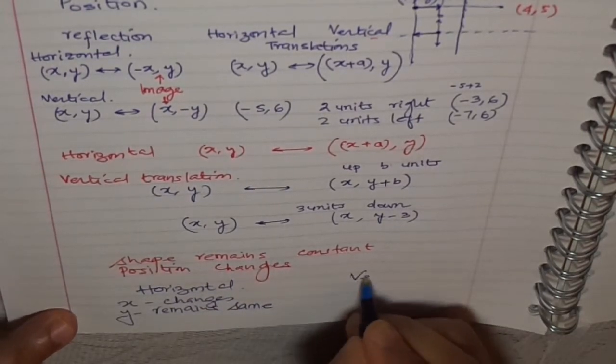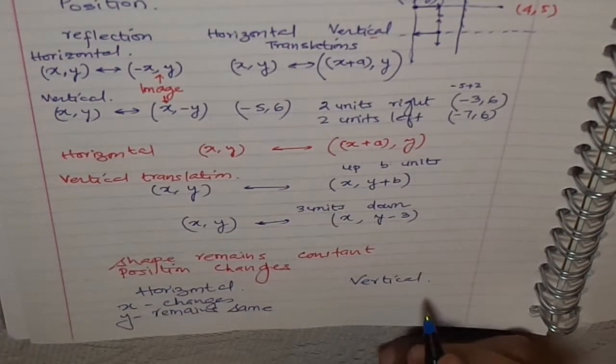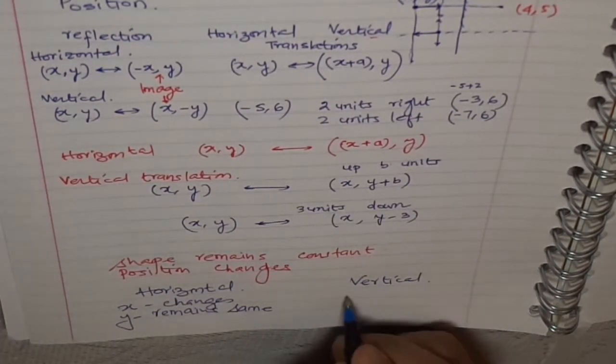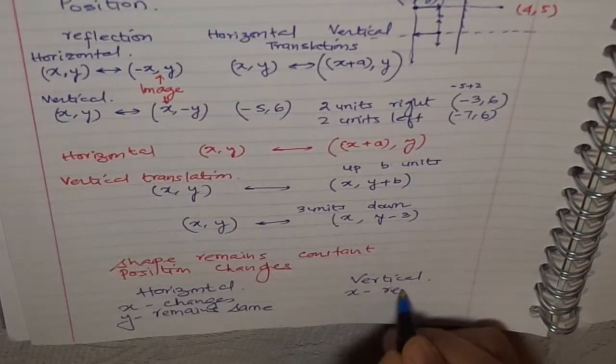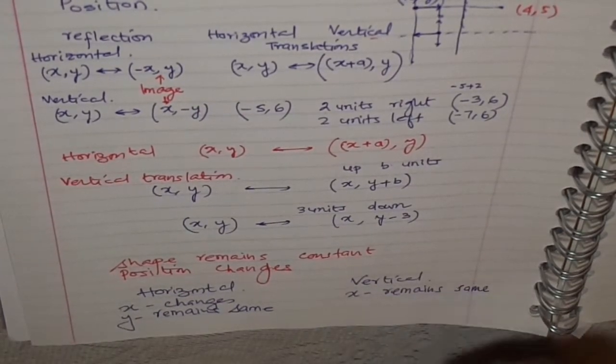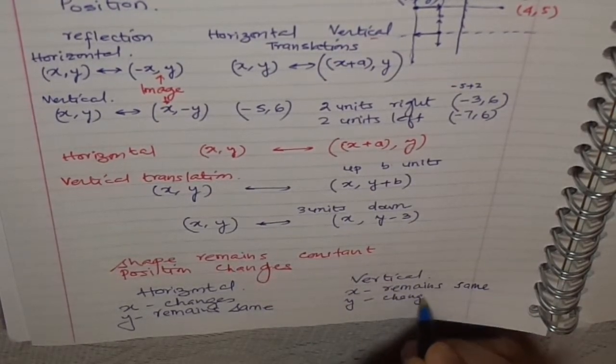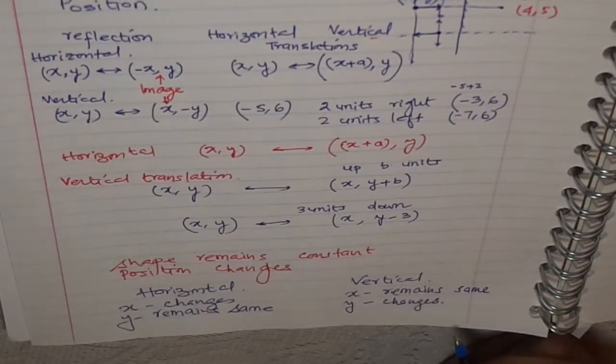And for a vertical translation, x remains the same. And what changes? The y value changes. Okay? So these were very simple cases where the only change was in position. The shape remained. The image coordinates changed.